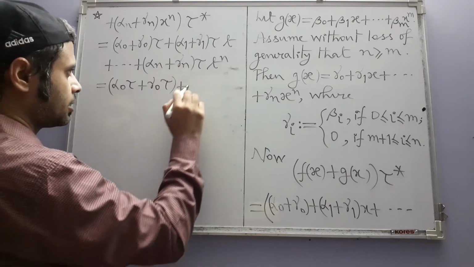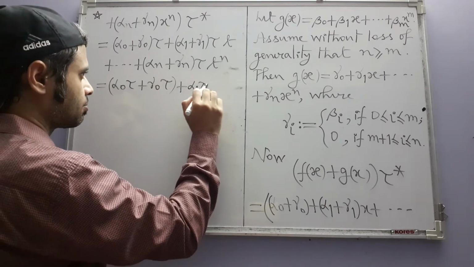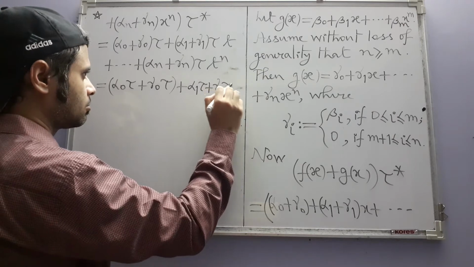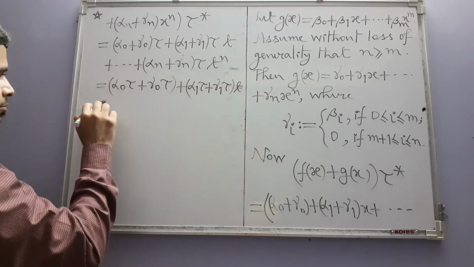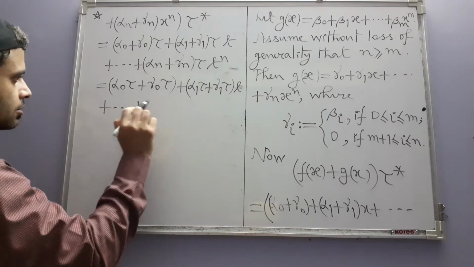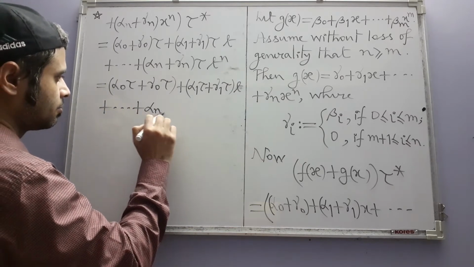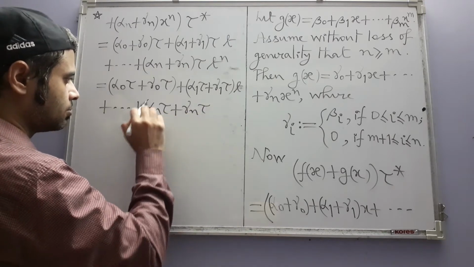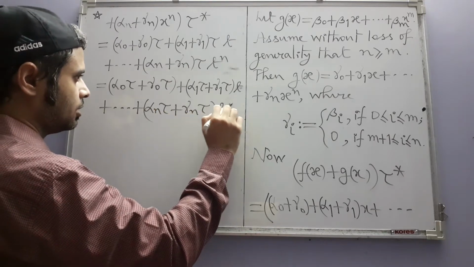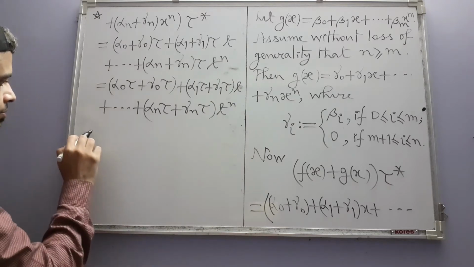Like that, the second term will be alpha 1 tau plus gamma 1 tau t, and it will continue like this. The last one will be alpha n tau plus gamma n tau t to the power n.